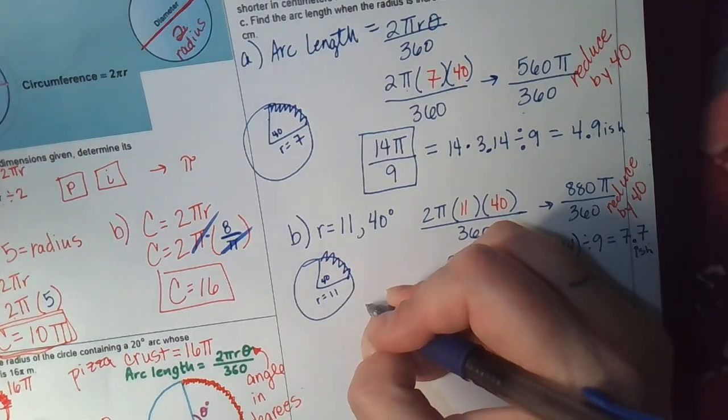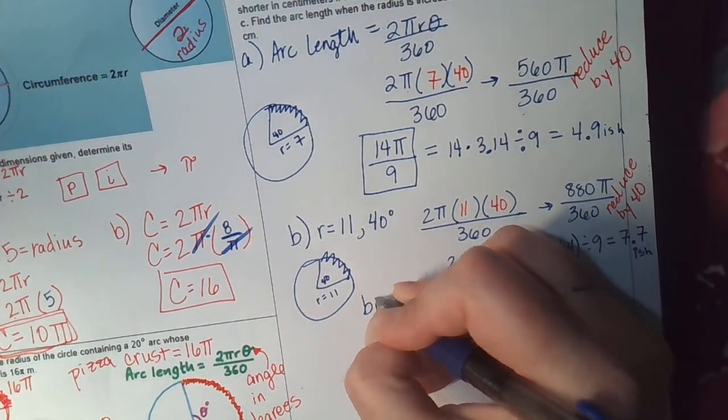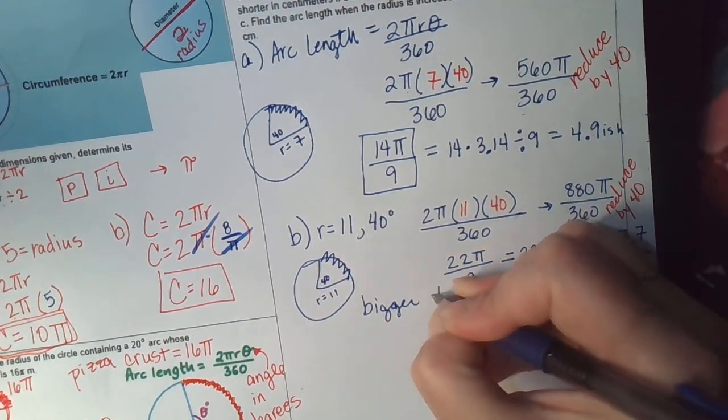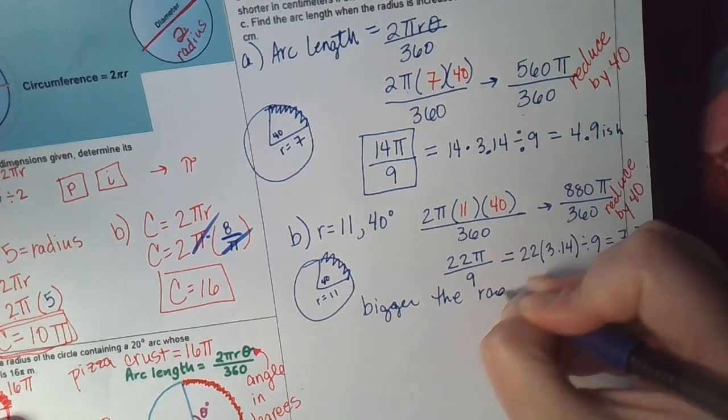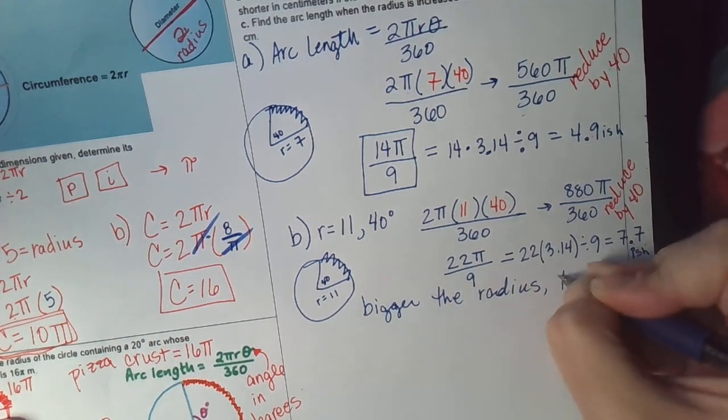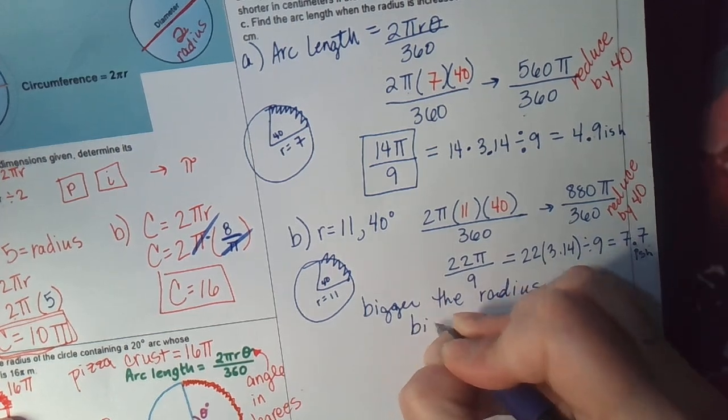So we can say the bigger the radius, the bigger the length.